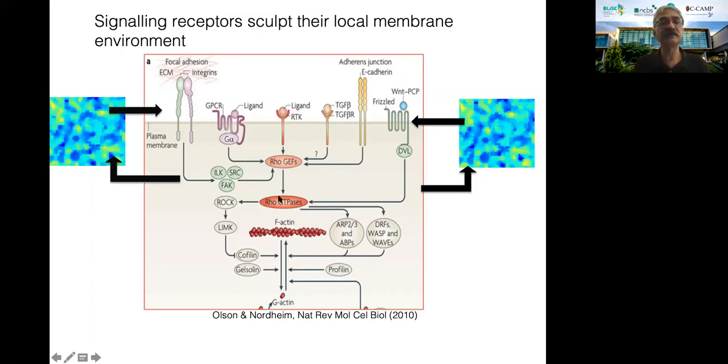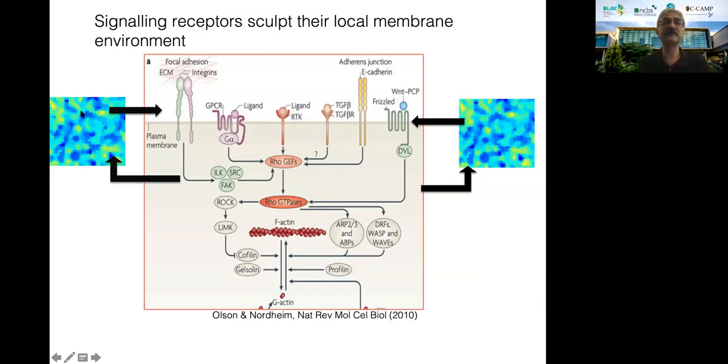These Rho GTPases, in turn, produce filaments of actin, activate myosin motors, and create patches or clusters of actomyosin, which drive the assembly of these domains in the membrane. In turn, these membrane domains provide functionality to the membrane to influence the very receptors that gave rise to their being. They also provide functionality to do other things.